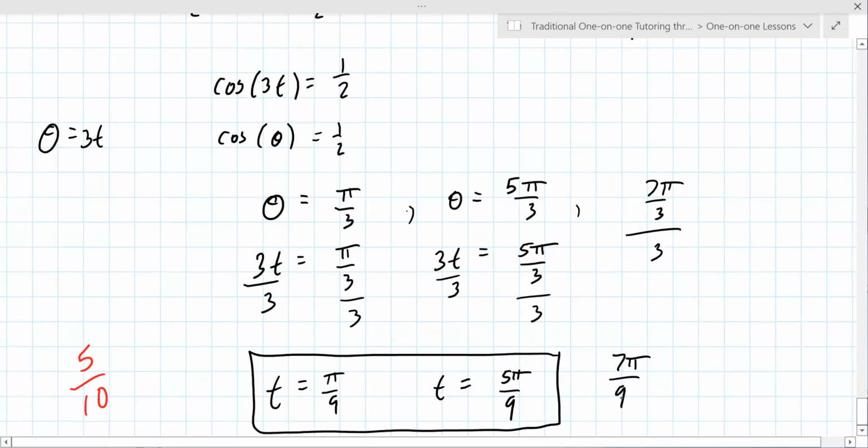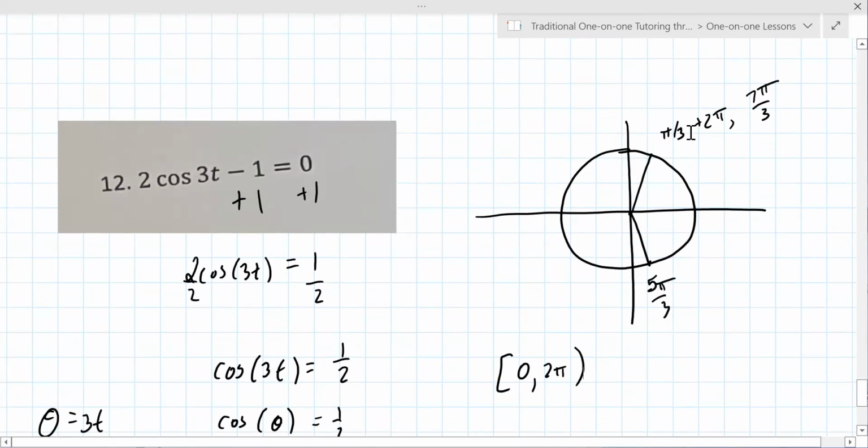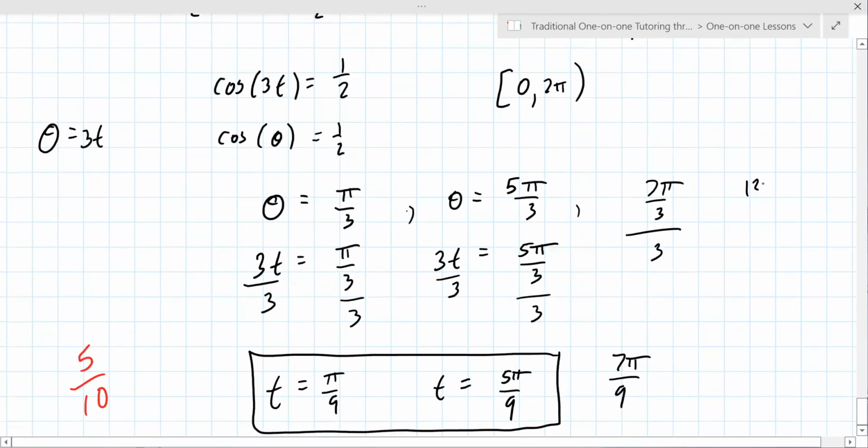And that's okay. That still fits within this 0 to 2 pi window. And then I do it again. I say, okay, well, let's go out another 2 pi. Let's go out 4 pi. And that's 13 pi over 3. And that's okay too. 13 pi over 3 divided by 3 is 13 pi over 9. And that's okay.